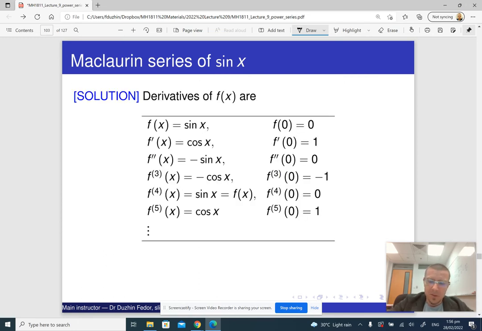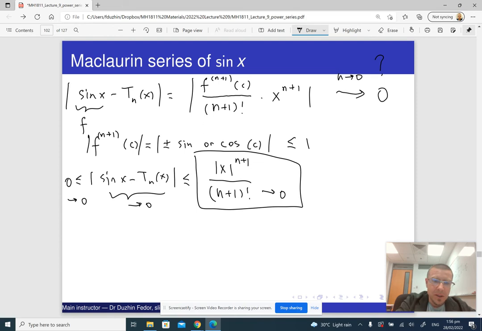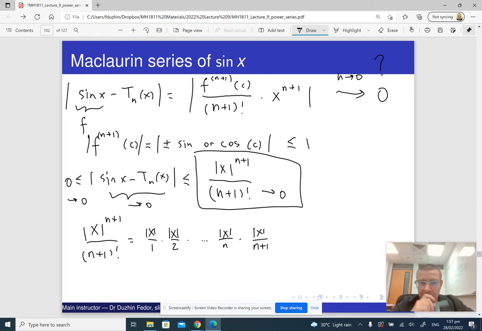Now, x raised to the power n plus 1 divided by n plus 1 factorial is really the absolute value of x divided by 1, times x divided by 2, and so on, times x divided by n, times x divided by n plus 1.